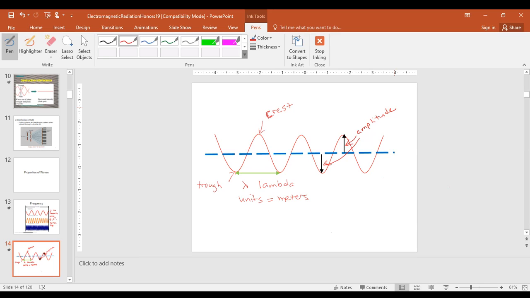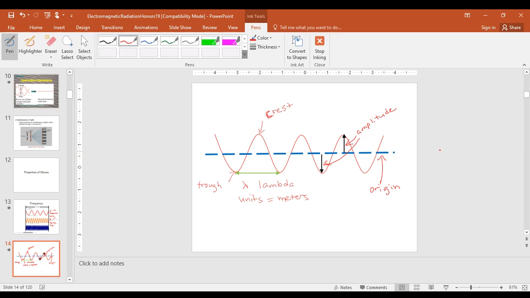If we're thinking about sound, very loud sound would have a large amplitude. Very soft sound, whispering, would have very low amplitude. Now the blue dashed line in the middle is the origin. So those are just some different parts of the wave.